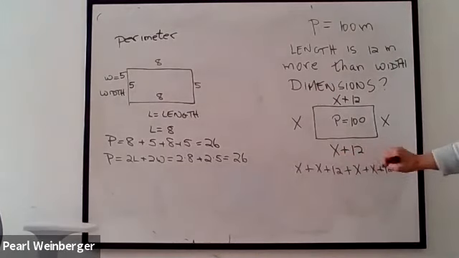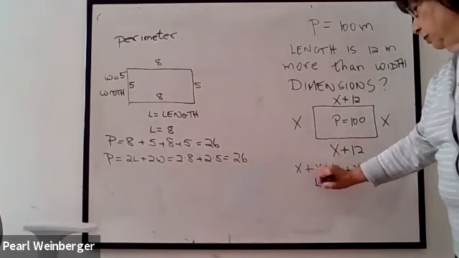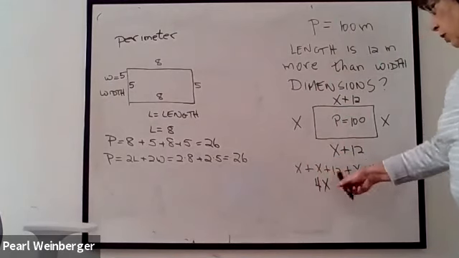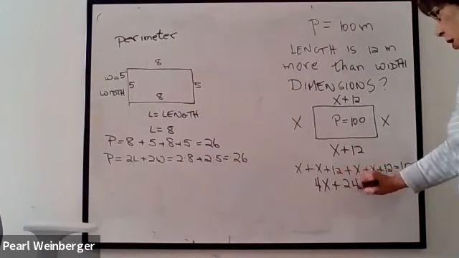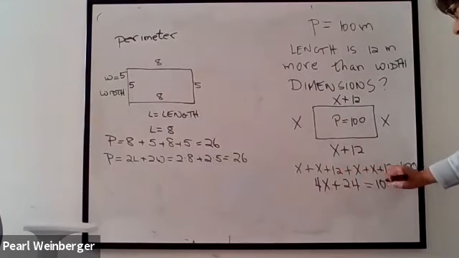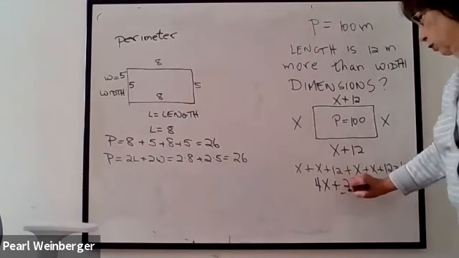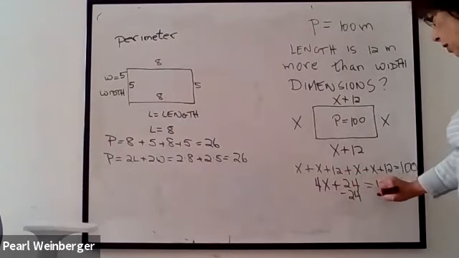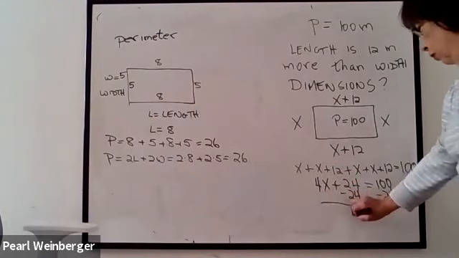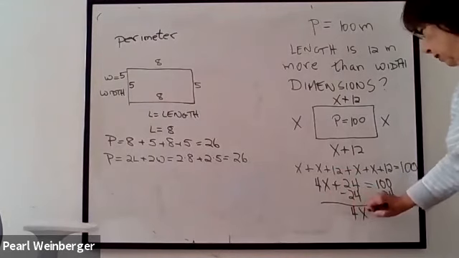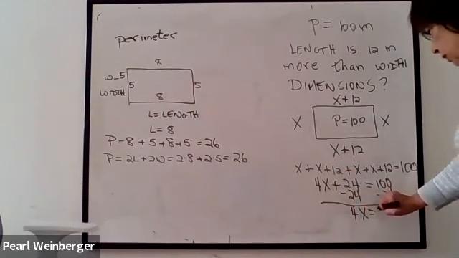x plus x plus x plus x, those are the like terms, gives me 4x. 12 and 12 gives me 24. That's going to equal 100. I subtract 24 from both sides, which gives me 4x equals 100 minus 24, which is 76.